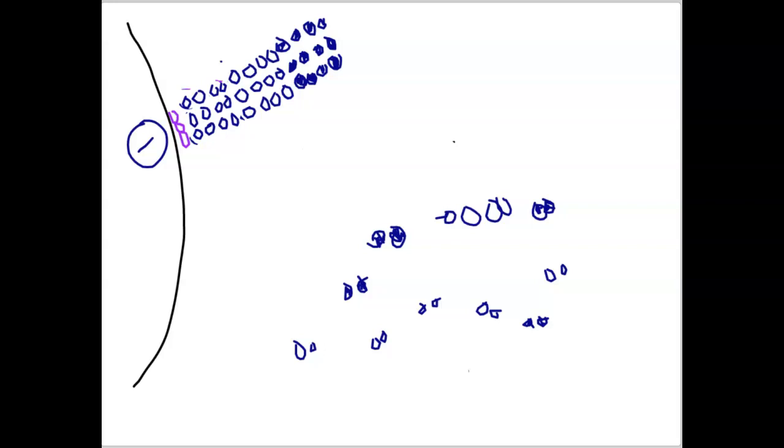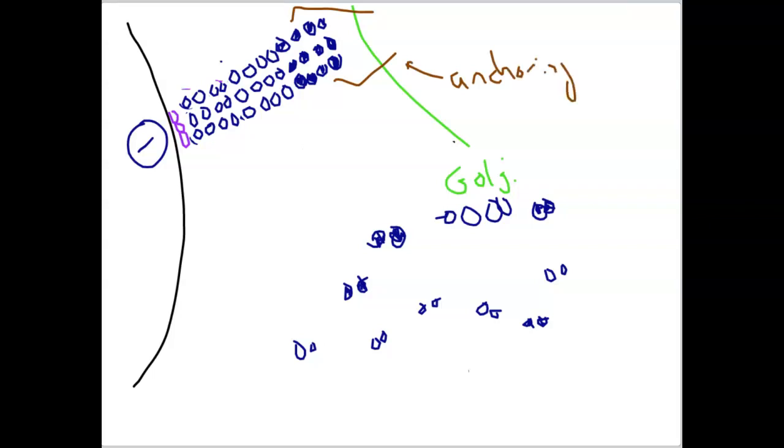Now let's say that this microtubule actually reaches its target. Maybe the target here is the Golgi. Well, at the Golgi, there are proteins in the Golgi membrane, and those proteins are loosely, collectively, referred to as anchoring proteins. And these anchoring proteins do, just as I've drawn them right here, grab onto the end of the microtubule when the microtubule makes contact with that target membrane, and they squeeze and hold that microtubule in place.